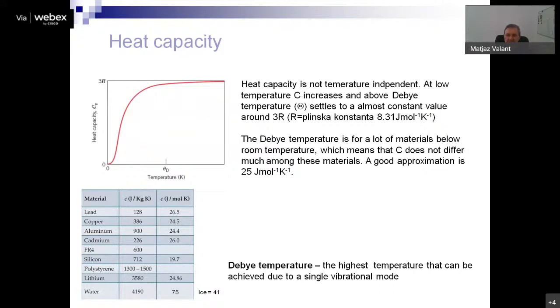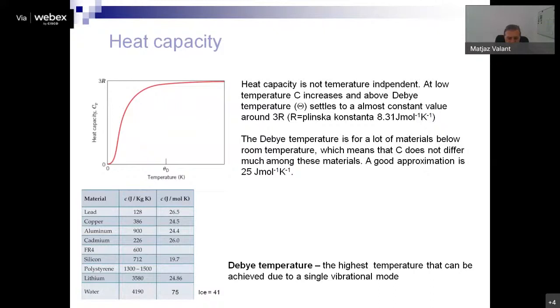Now, we can also define something called the Debye temperature. We define it as the highest temperature that can be achieved due to a single vibrational mode. If we had only one vibrational mode, with this particular mode we could reach up to the Debye temperature.